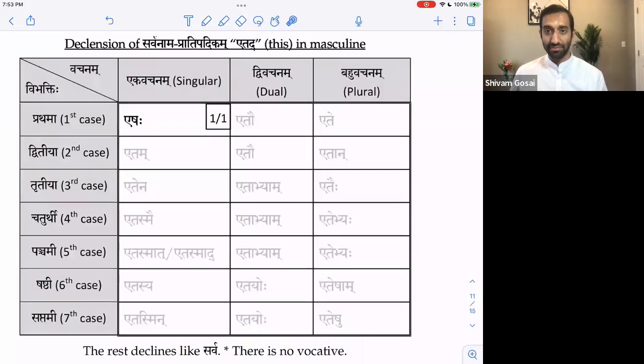It's like sarva. We saw sarvasmai, sarvasmat, sarvas. Yeah, like that.